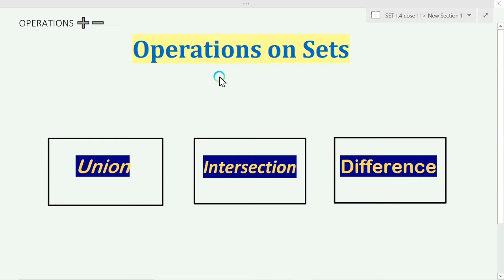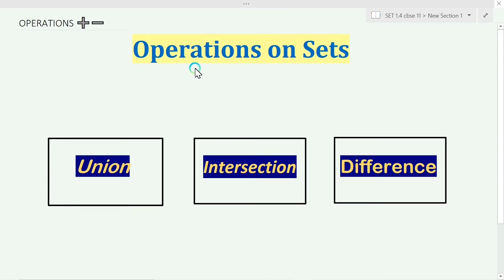Now, operations on sets. What are operations? There are many operations like plus, minus, divide and multiplication. These are operations on real numbers. In the case of sets there are also operations.